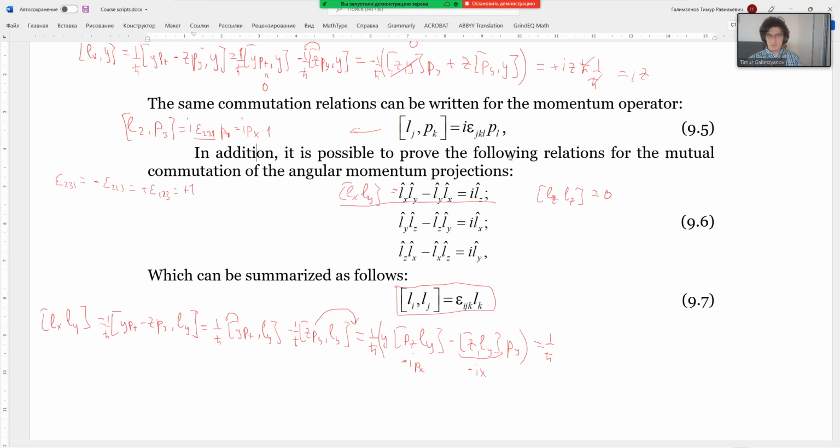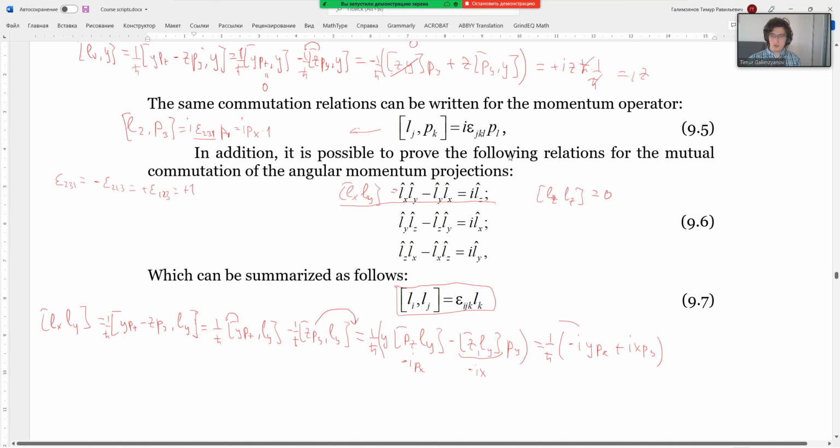So 1 over h bar, minus i y Px plus, because it's minus here and minus here, i x Py. So we can move i further, and we get i over h bar times x Py minus y Px.